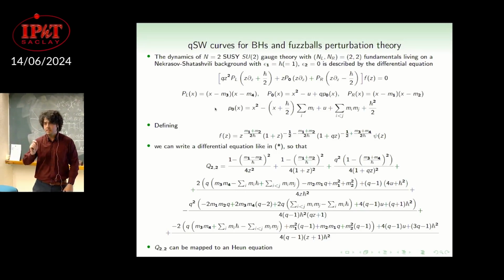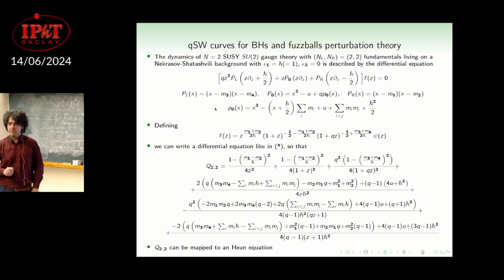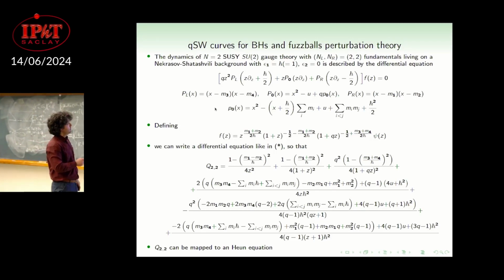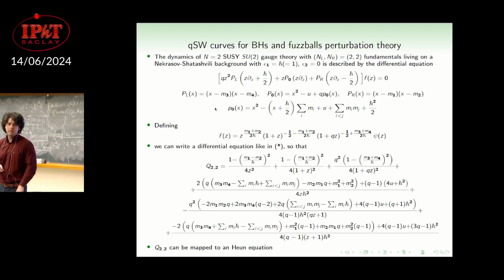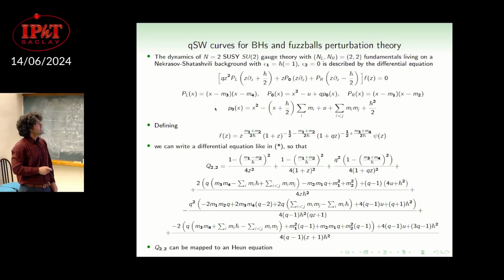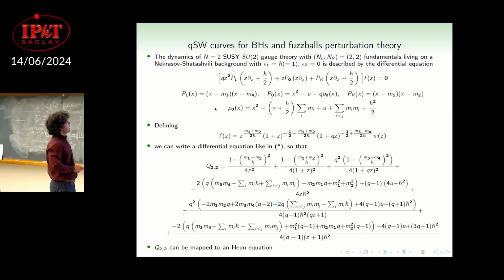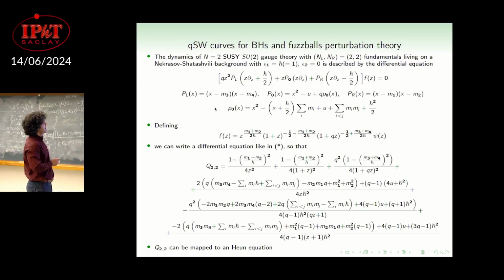So h bar in this viewpoint is sort of a fake. I can put it to 1. This is the quantized version in the sense that the background is non-commutative, and the Seiberg-Witten curve becomes a differential equation.